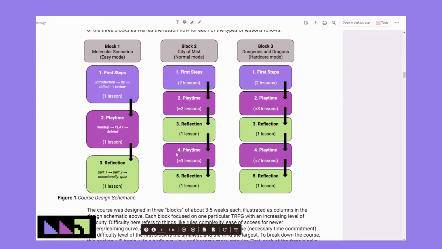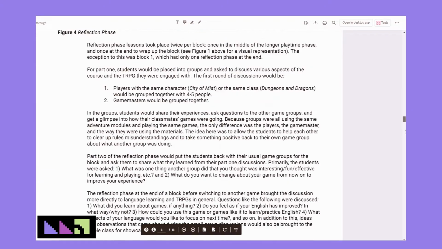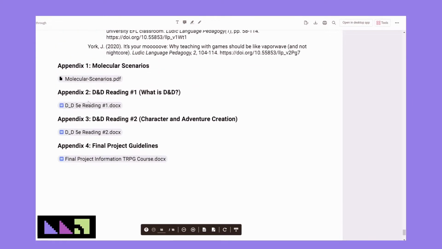The first one was called Molecular Scenarios, which was a homebrew thing made by a friend of mine in the States. It is basically a one A4 page adventure. It's one A4 page for the GM. It tells them, this is the setting, these are the rules, and the players have a page too that helps them make a character.